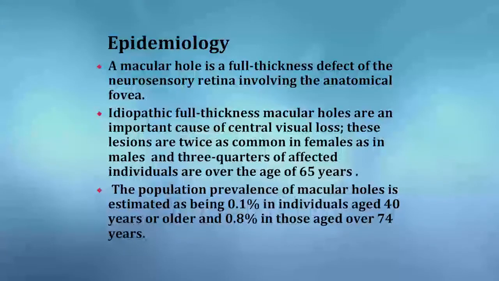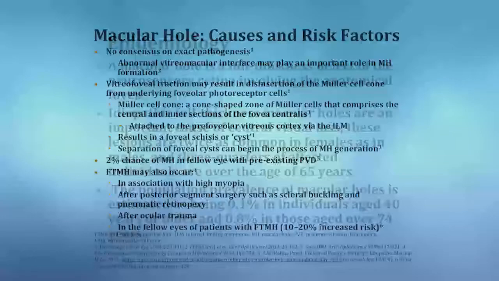It's an important cause of central visual loss. The lesions are twice as common in females as in males, and three quarters of the affected individuals are over the age of 65 years. The population prevalence of macular hole is estimated at 0.1% in individuals aged 40 years or older, and 0.8% in those aged over 74 years.